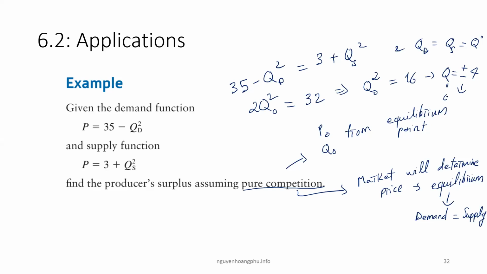Then we have only one, Q equal to 4. Right? And you substitute inside here with Q equal to 4. Then P is equal to 35 minus 16, and then it's equal to 19, right?